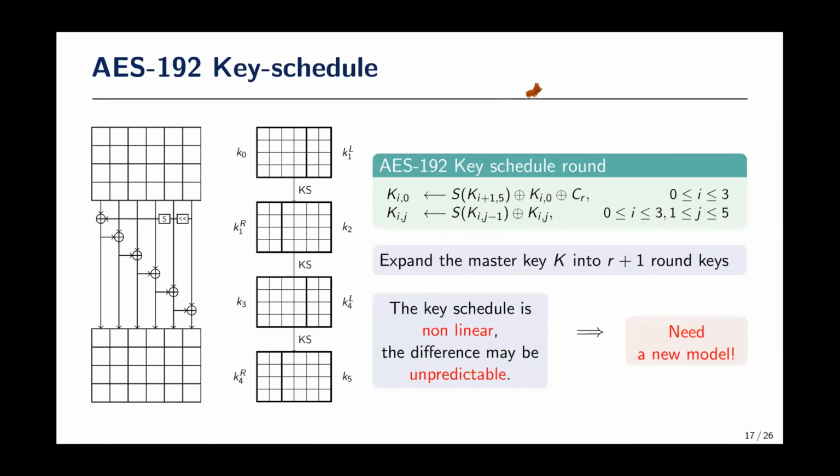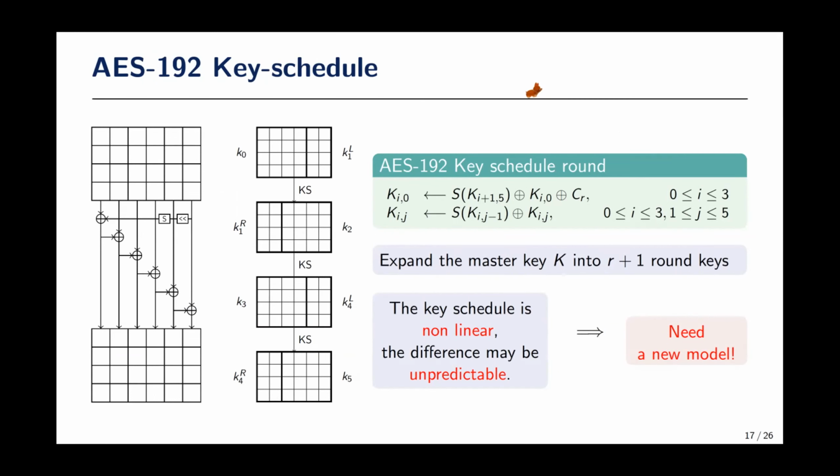So here is the AES 192 key schedule. The key schedule expands the master key into the round keys, and the problem here is that the key schedule is nonlinear, and you cannot control the difference on the key. That changes a lot of things, and we need a new model.